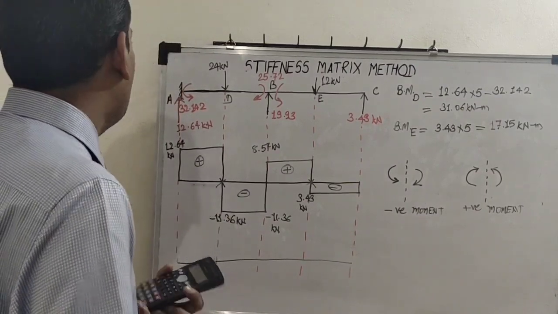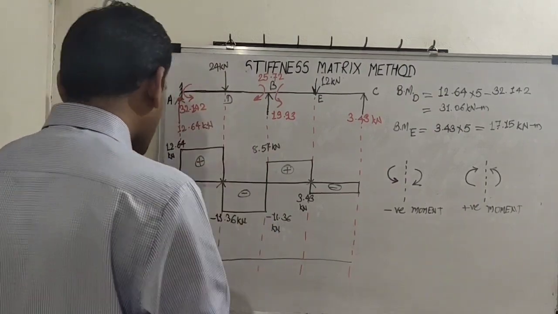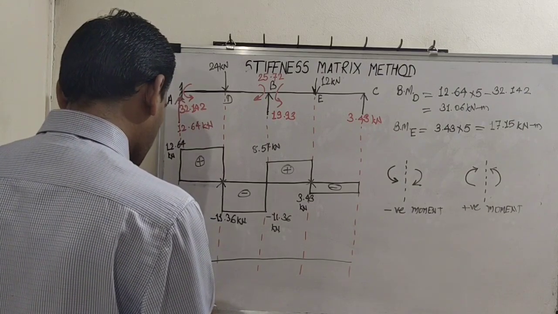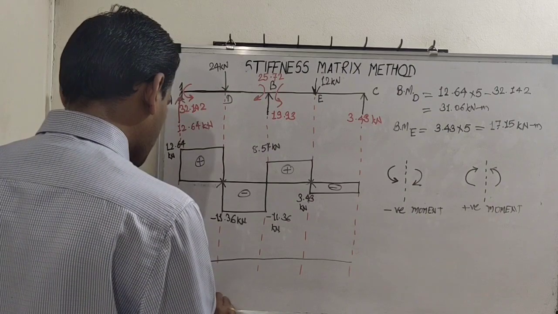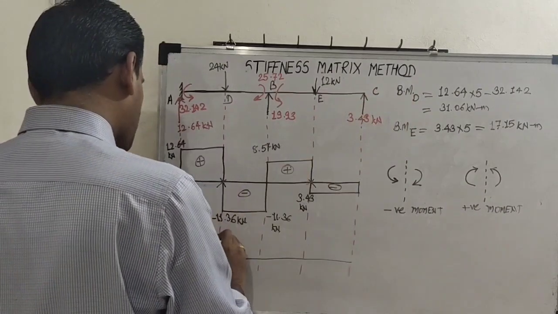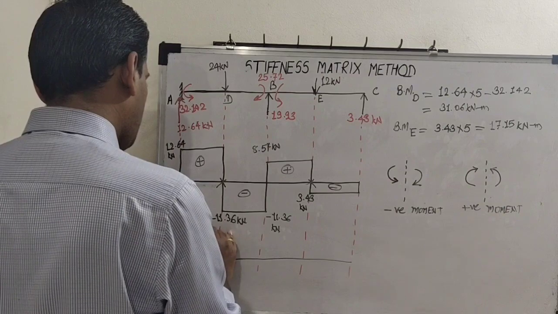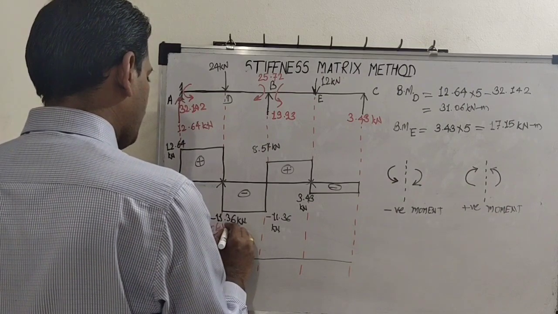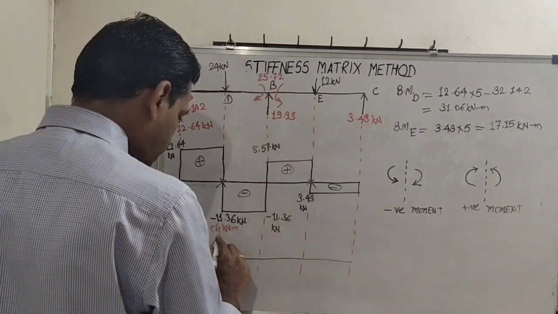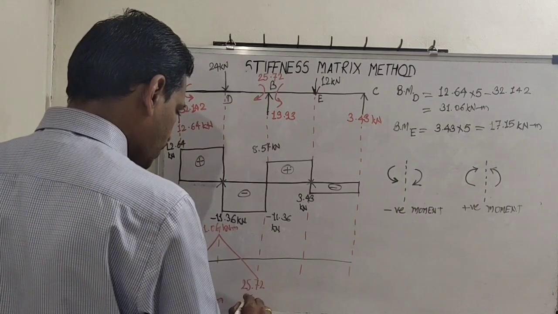Now we will show these bending moment values, then we will join these points. So first value, bending moment at A, it is anti-clockwise, 32.142, so minus, I will show it below, 32.142 kilonewton meter. Then bending moment on D is 31.06 kilonewton meter. Bending moment on B, 25.72 kilonewton meter.